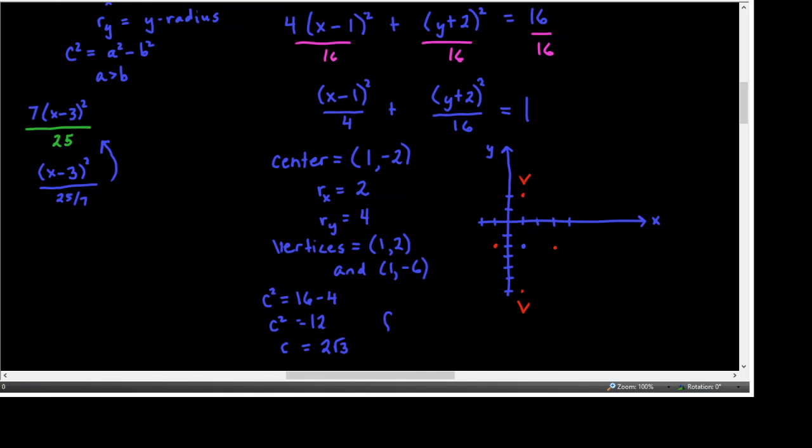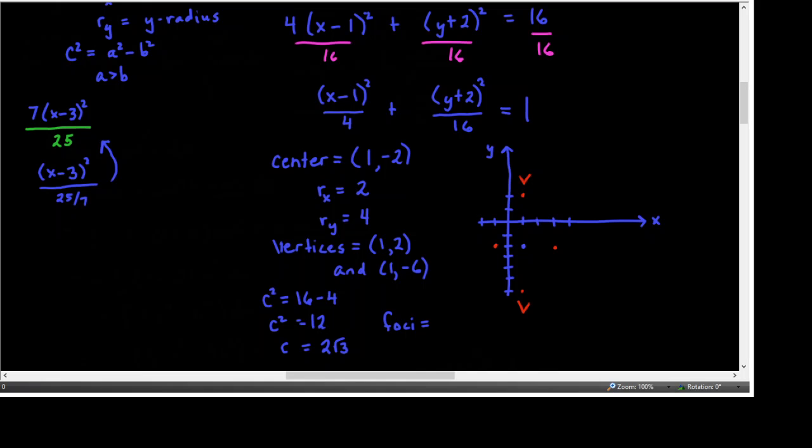So the foci are either left and right of the center that distance or up and down from the center that distance, because those 5 major points, center, vertices, and foci, are always collinear. Because we had to go up and down for the vertices, we have to go up and down for the foci. And notice, look at the vertices answer. The x-coordinate is the same as the center's x-coordinate because we went straight up or straight down.